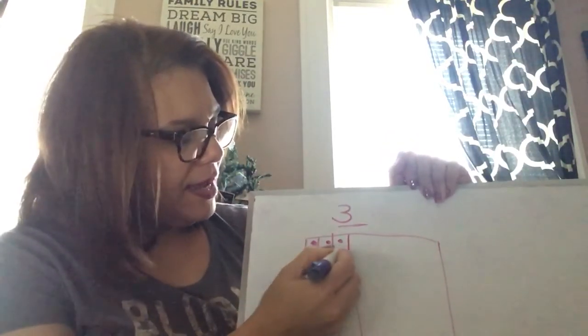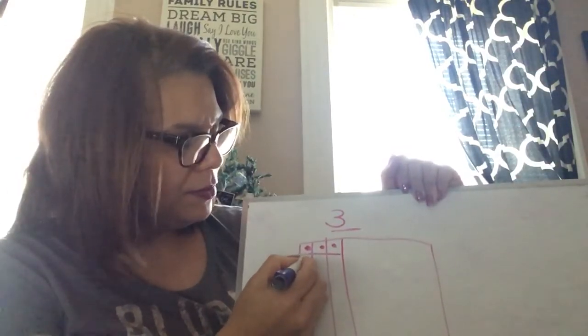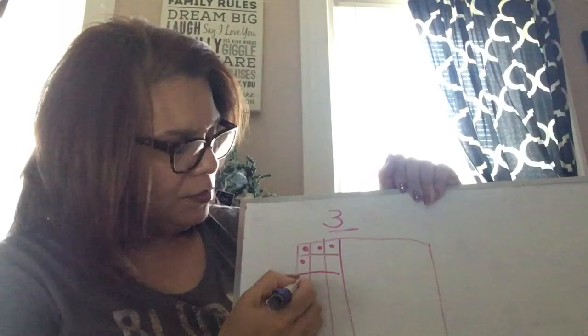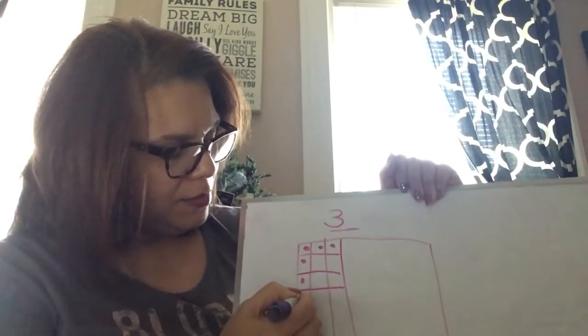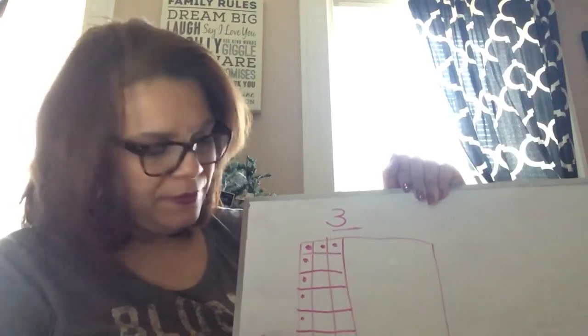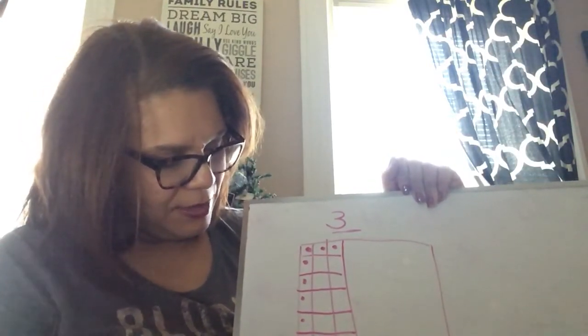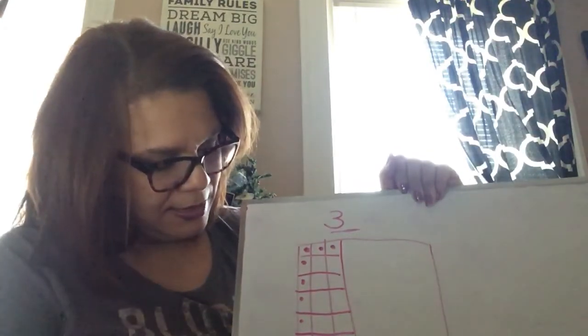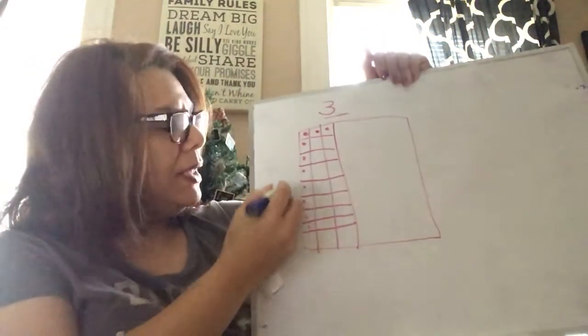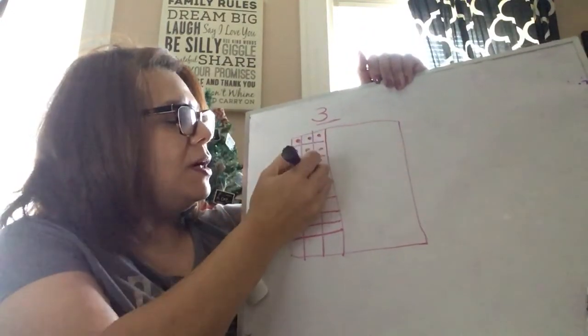So on the side, they have shaded in 8 rows. So that's 1, 2, 3, 4, 5, 6, 7, 8. And there's a line here. I'm going to just finish these off.